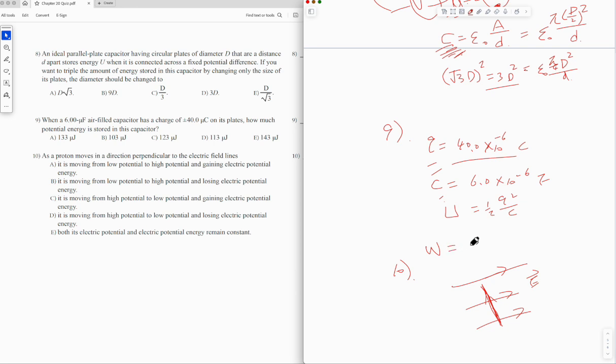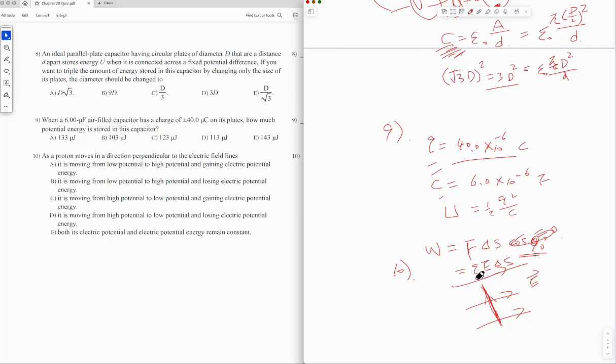Work equals force times displacement times cosine of the angle. The angle here, perpendicular, is 90, and cosine 90 is 0. Force equals QE, times delta S, so the work is 0.